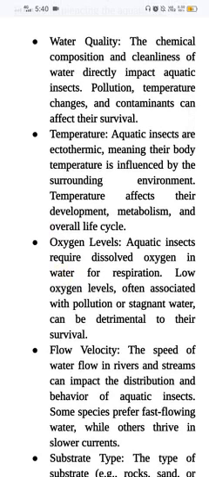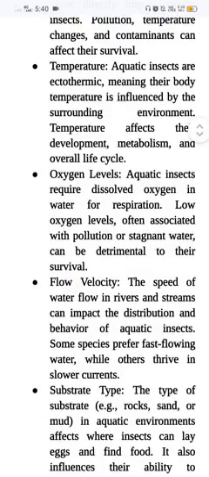Aquatic insects are ectothermic, meaning their body temperature is influenced by the surrounding environment. Temperature affects their development, metabolism and overall life cycle. Water temperature along with water quality. Then oxygen levels. Aquatic insects require dissolved oxygen in water for respiration. Low oxygen levels, often associated with pollution or stagnant water, can be detrimental to their survival.